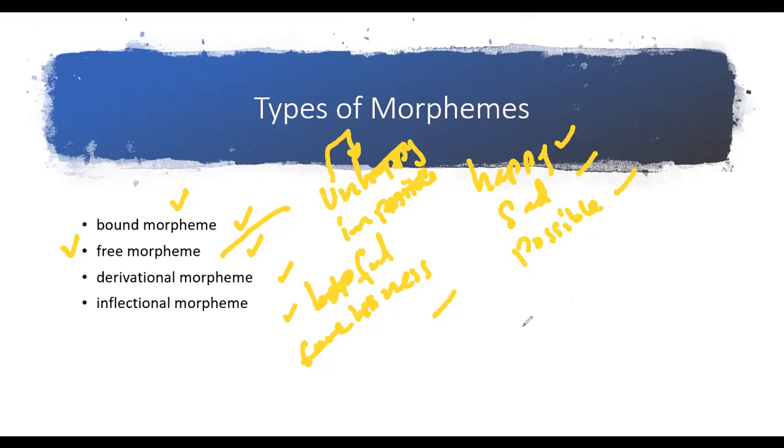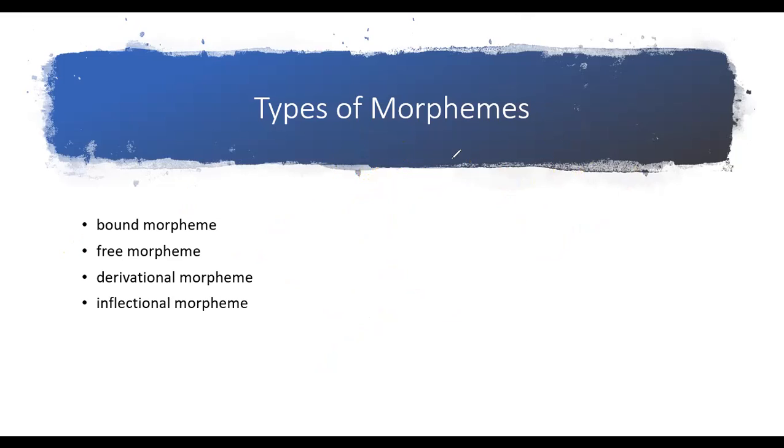Free morphemes can be divided into two categories. Now let me explain those types. The first one is lexical and the second one is functional, right?